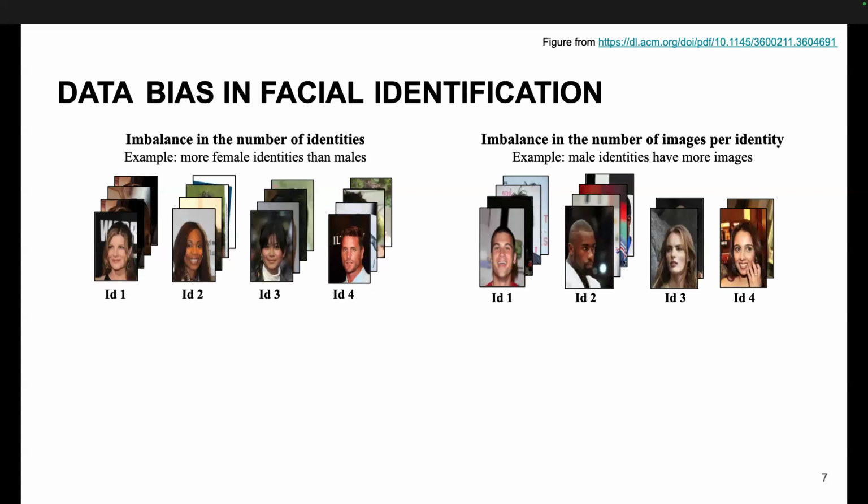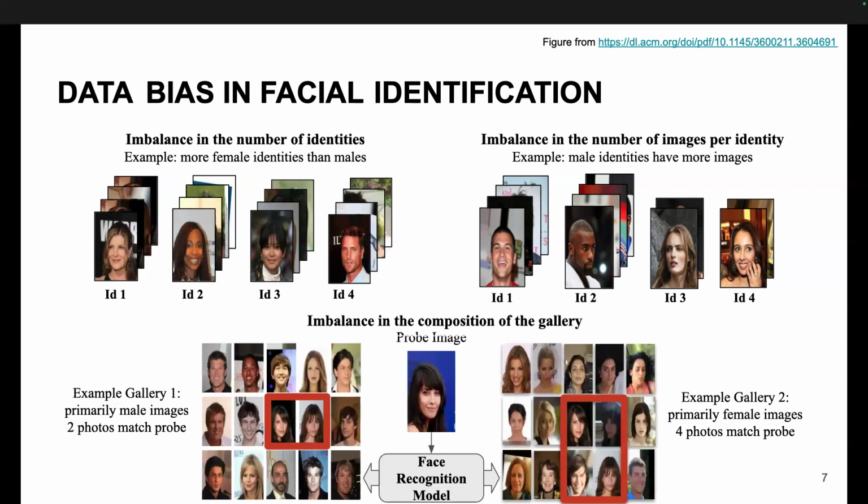The other form is an imbalance in the number of images per identity. In this example, we have more examples of masculine presenting individuals than of feminine presenting individuals. Your gallery is then made up of imbalanced data, because you can have a balance in the number of identities, but the images in that gallery could still be imbalanced in this particular way.